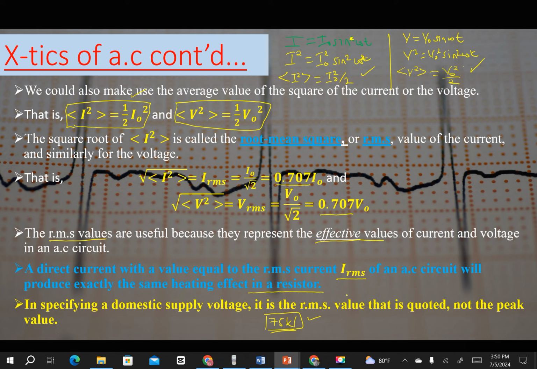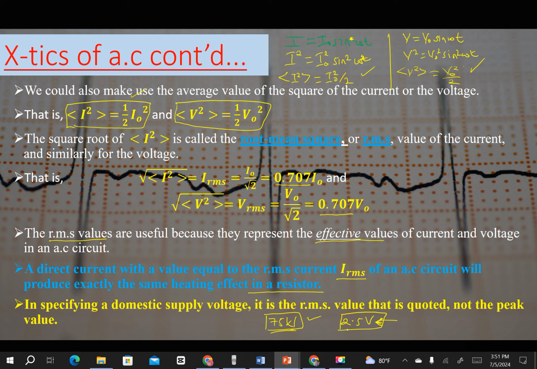So if we say the bulb needs 2.5 volts, this is not the peak voltage in the bulb if you connect it to an alternating current. It means that if I connect the same bulb to a DC supply of 2.5 volts to light it, then for the same bulb to light using alternating current, the root mean square value of voltage should be 2.5 volts.